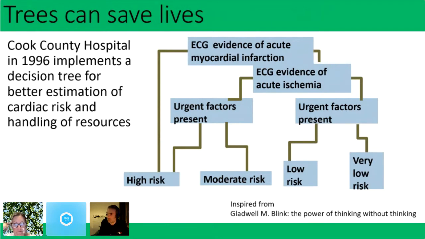If not, moderate risk. And if there's no evidence of acute ischemia, we again look at urgent factors, and we streamline according to whether the urgent factors are present or not into low risk or high risk units. And this is, I think, a beautiful example of how these models can be employed in real life and simplify healthcare.